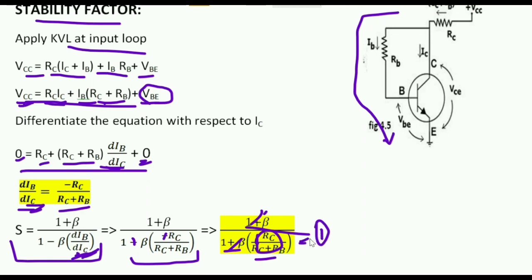As we know, if the stability factor is less than 25, then we will get good stability, and this collector to base biasing circuit is giving good stability. So we can use this collector to base bias circuit in some conditions where we want.